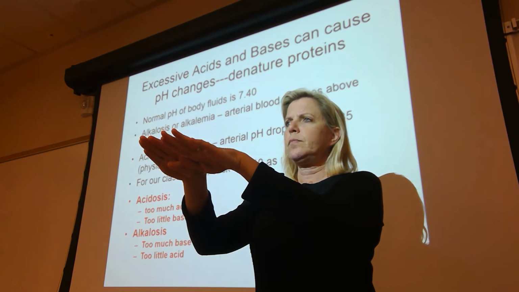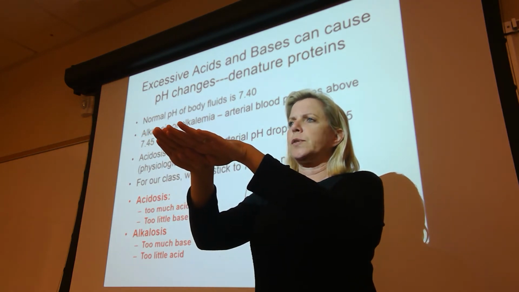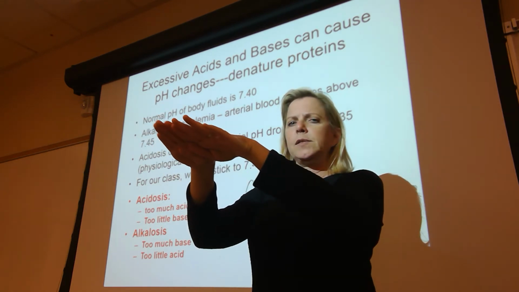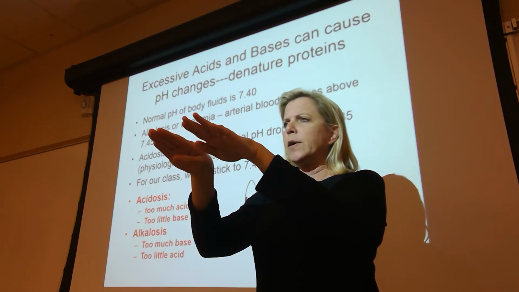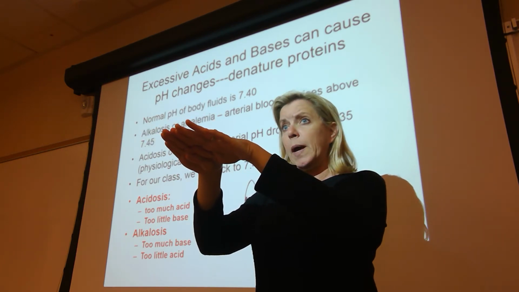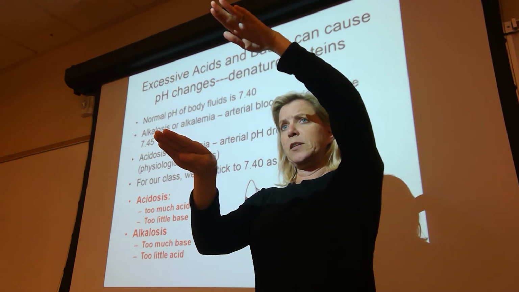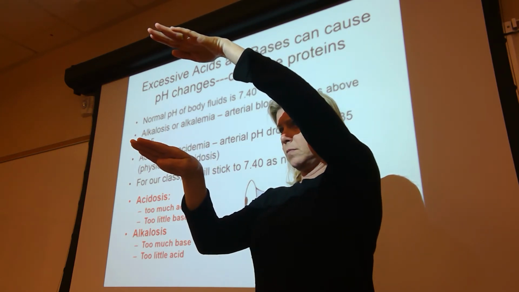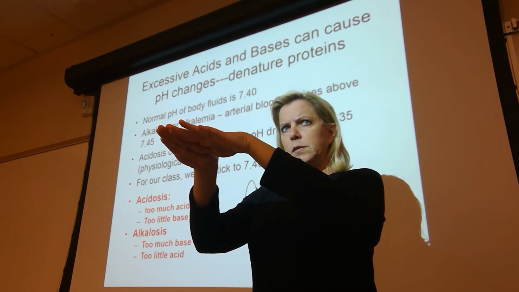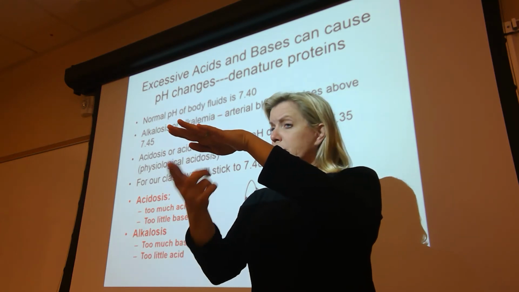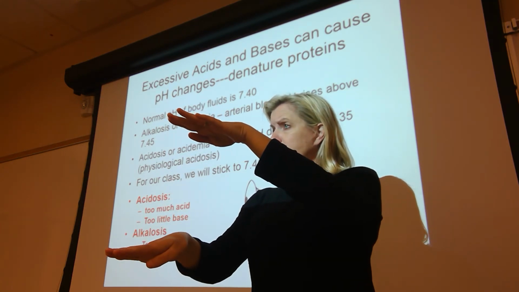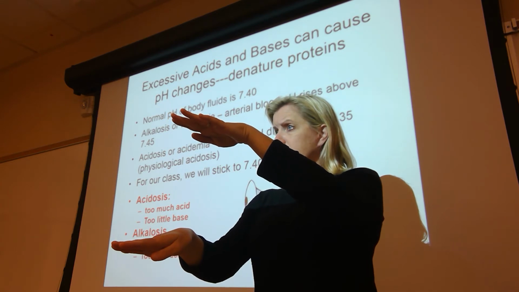Now, if acids and bases want to neutralize each other, how can you have acidosis? Two ways. You can either have too much acid, or too little base. But either way, they're not neutralizing each other anymore, are they?